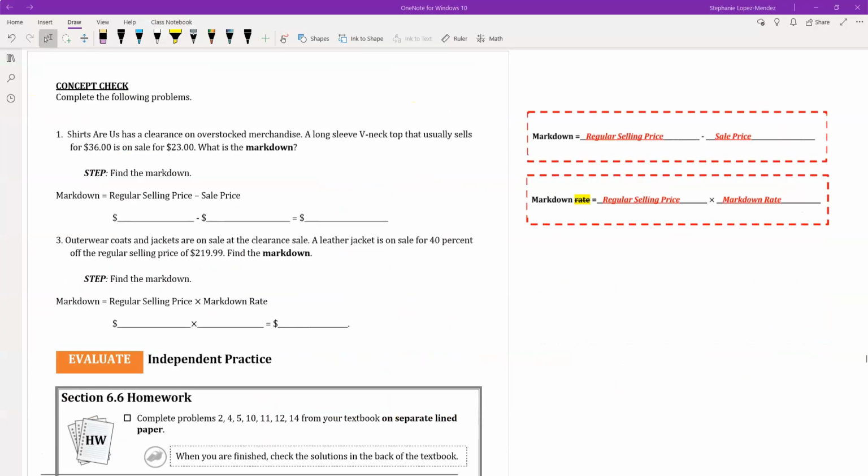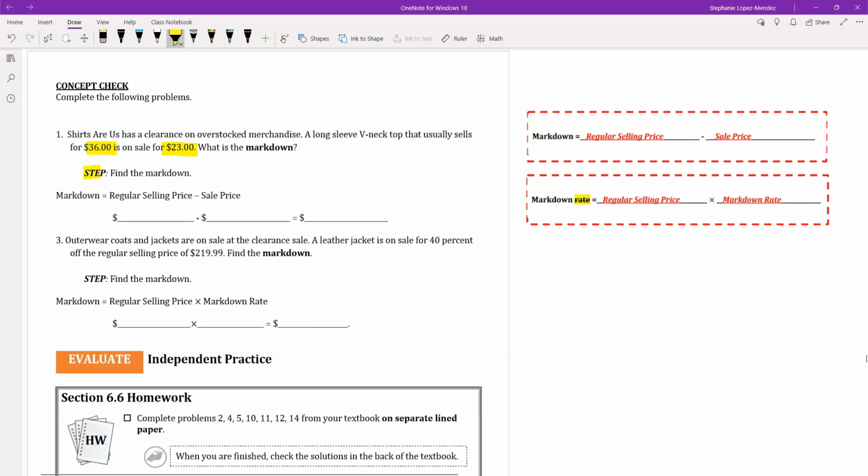So now we go to our concept check, and in our first problem we have Shirts R Us has a clearance on overstocked merchandise. A long sleeve v-neck top that usually sells for $36 is on sale for $23. What is the markdown? So in this case, we have our regular price and we have our sale price. That means we are going to use our first formula.